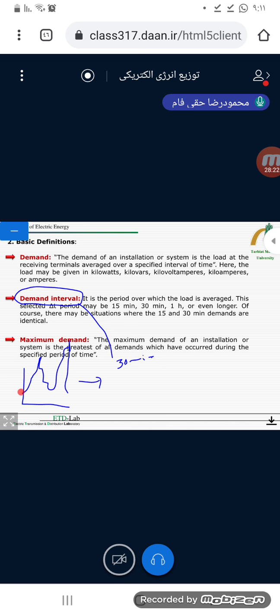If you average this curve over 30 minutes, you reach a smoother curve. Okay, this is the demand curve. This is the maximum demand, but this is the maximum load.